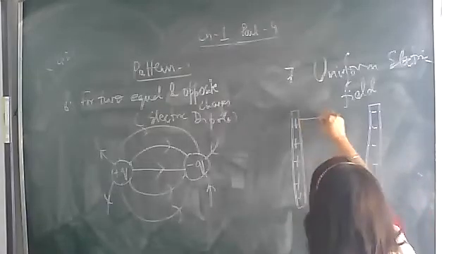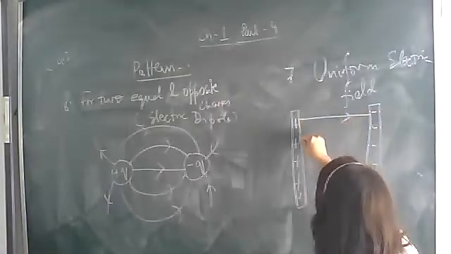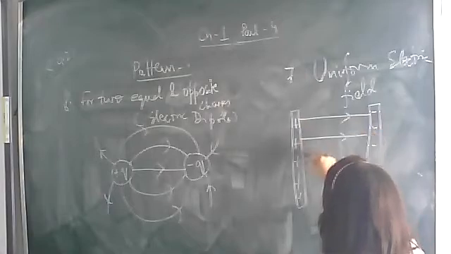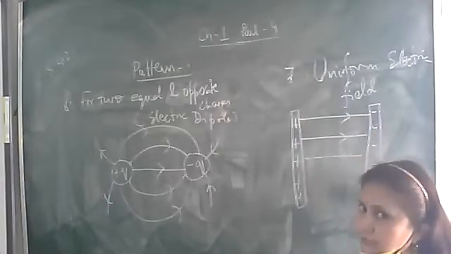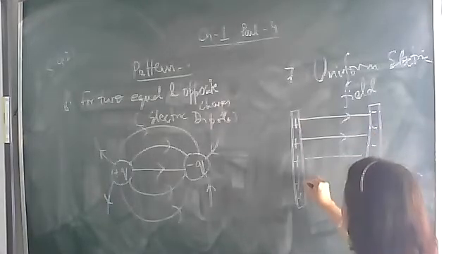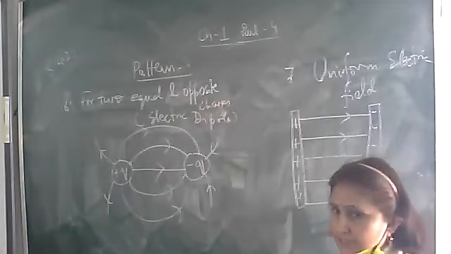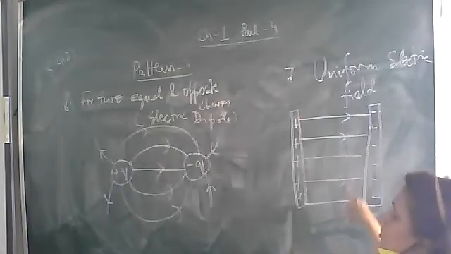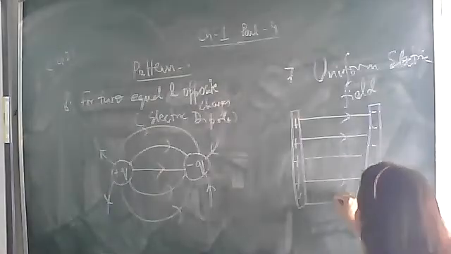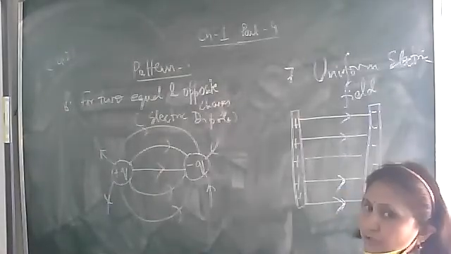Now draw positive to negative. So between these sheets, that is in this region, the electric field is uniform. The magnitude as well as the direction is the same. So we call this the uniform electric field. So between the plates, the electric field is uniform.